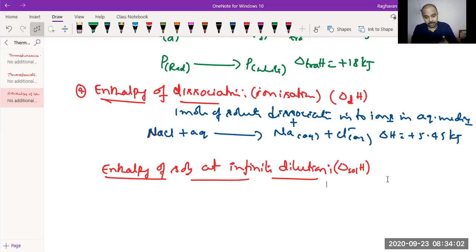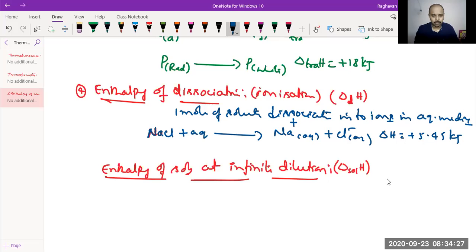But one extra condition: the enthalpy change that occurs when 1 mole of a particular substance is dissolved in a suitable solvent, such that further addition of solvent will not produce any more heat change. Then the enthalpy change is called enthalpy of solution at infinite dilution.